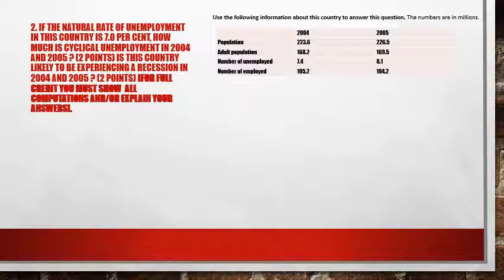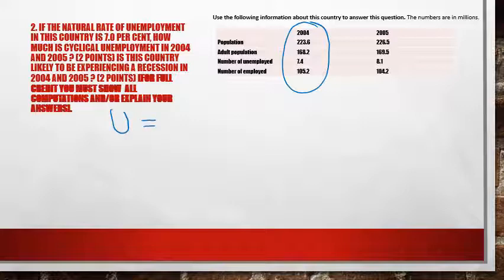And here I wanted to see calculations, and I wanted to see explanations. All right, so let's first calculate the unemployment rate for 2004. So how will this look like? It's going to look like this.